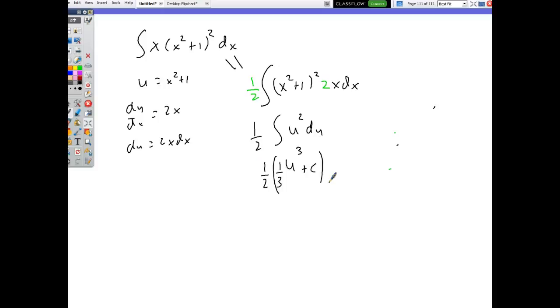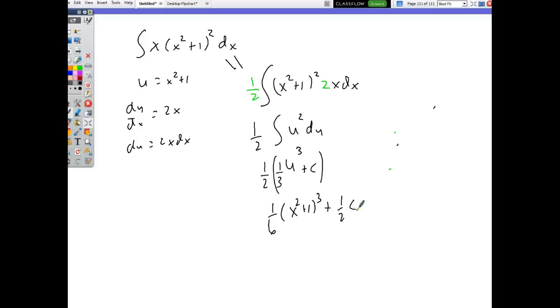So far, so good? Distribute the 1/2 through, I get 1/6. What's u? x squared plus 1. (x squared plus 1) to the 3rd power plus, uh-oh. What's 1/2 of c? 1/2 c.